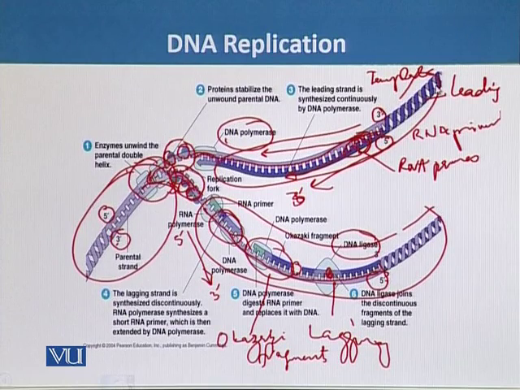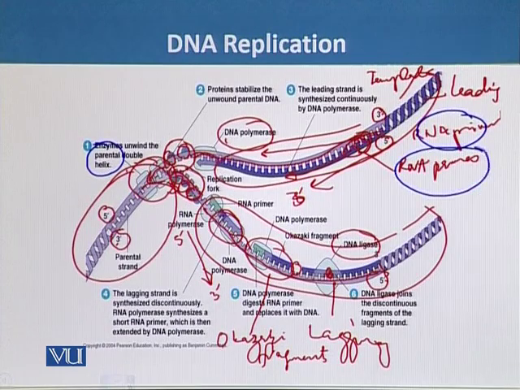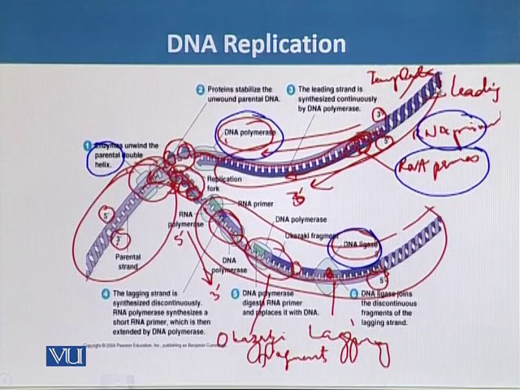So we have to remember that first the DNA helicase will unwind the double strand into the single strand. Then RNA primers will be added through RNA primase. Then another enzyme will act on these RNA primers, that is DNA polymerase, and it will replicate to form the double-stranded DNA. And lastly, in the lagging strand, the enzyme DNA ligase will act to join the seals.